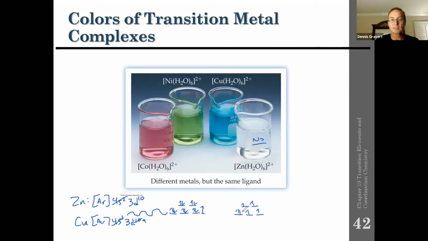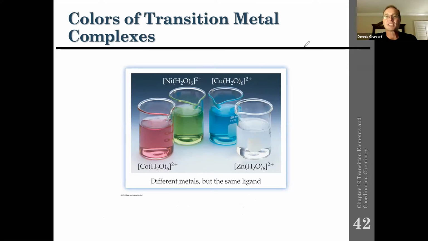Got 5, 6, 7, 8, 9. Now you can shine light on this, and one of these electrons can be bumped into this spot right here. And if you match the light with the size of this gap, the light that doesn't get absorbed is what we see. And the gap changes depending on which metal ion you're using. Cool.